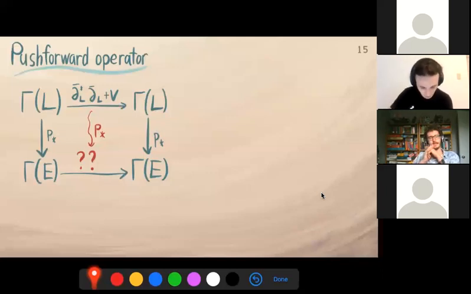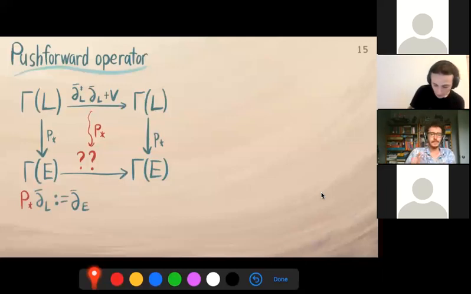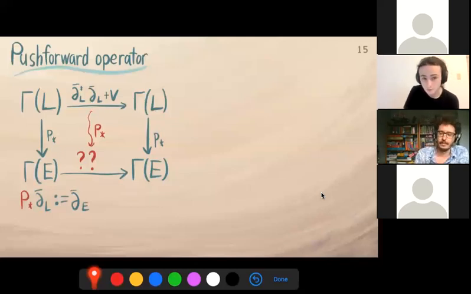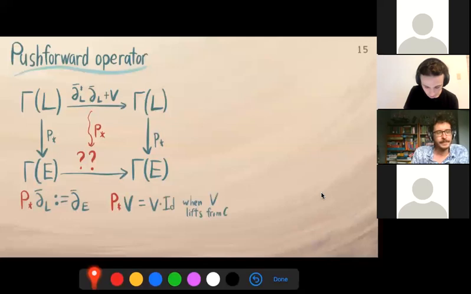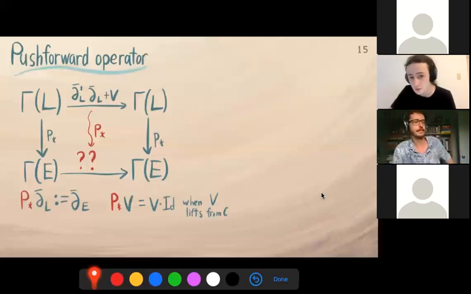So there's a few things that we can do with this. Well, first off, practically by definition of the push forward of a line bundle, the push forward of the Dolbeault operator for the line bundle is just that of the vector bundle. Similarly, this V, this potential, just a real function, the push forward of that becomes, once again, V times the identity on this base vector bundle, but that's only when we're looking at symmetric V, at spatially symmetric crystals.